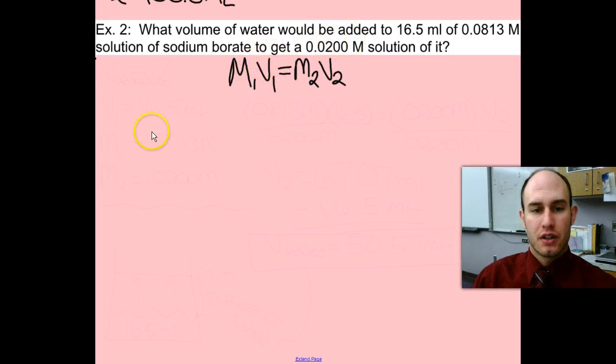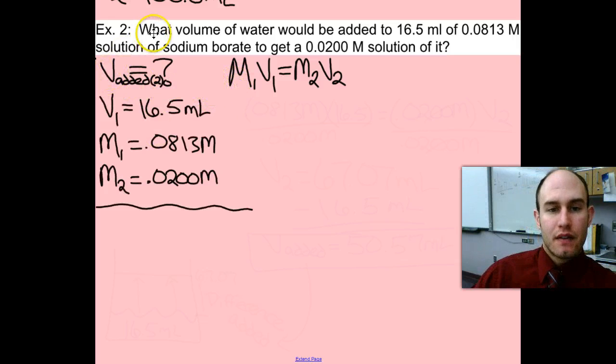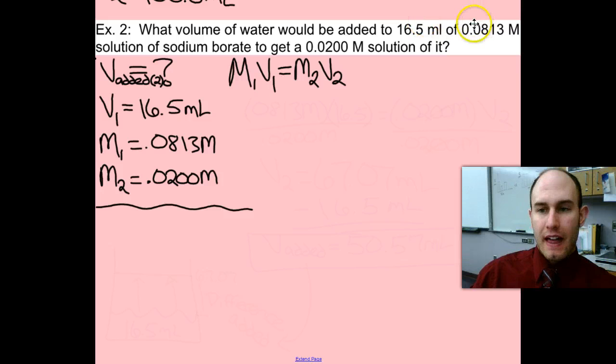So that's the equation I want to use. Again, we're going to identify our given and unknowns here. I need to find what volume added. So that's unique because I need to know how much am I going to add. The volume initial is 16.5 at 0.0813 molar, and I'm trying to get a new concentration of 0.02. So dilute it a little bit. So I'm going to pour some water in.